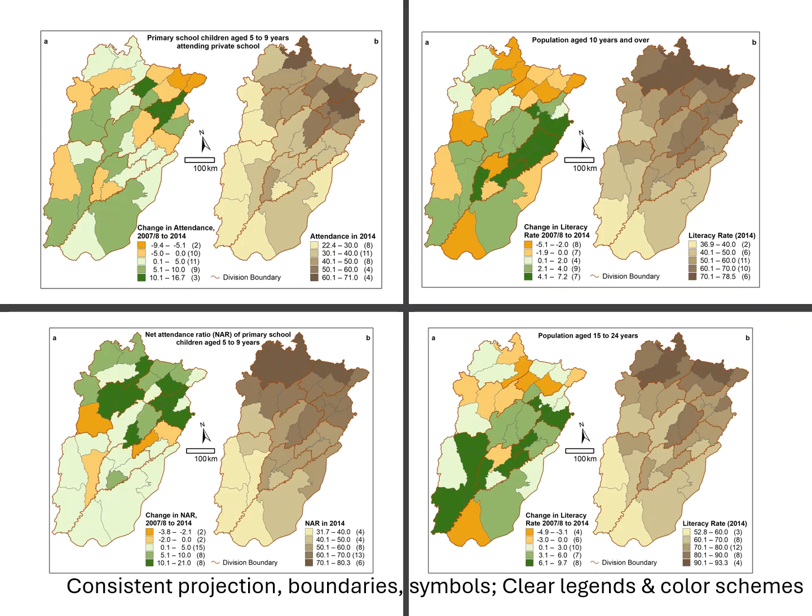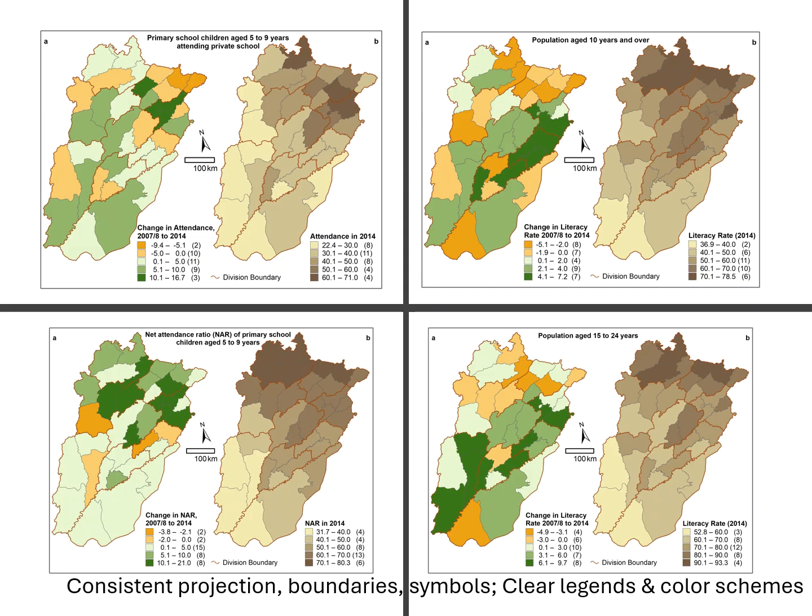when we have a map design and color schemes, here is an example of four maps from one research paper, which can give you the idea of how they are consistent in the color scheme across four different variables. We have primary school children attending private schools, the population 10 plus literacy rate, the net attendance ratio, and the literacy rate for 15 to 24 years of population.